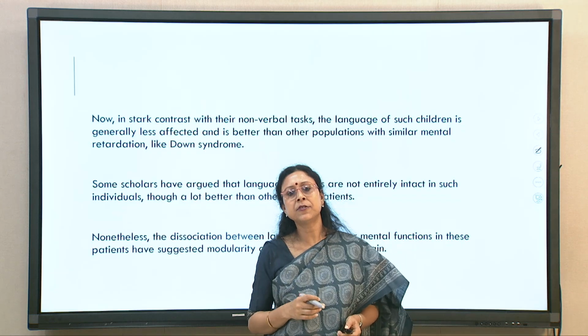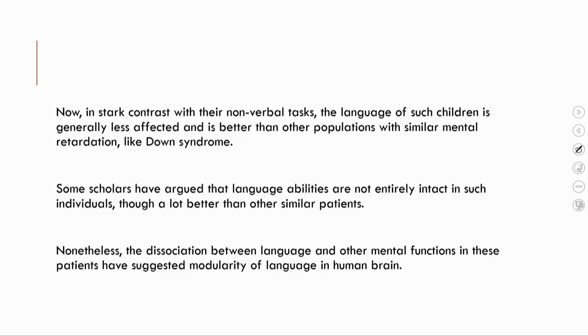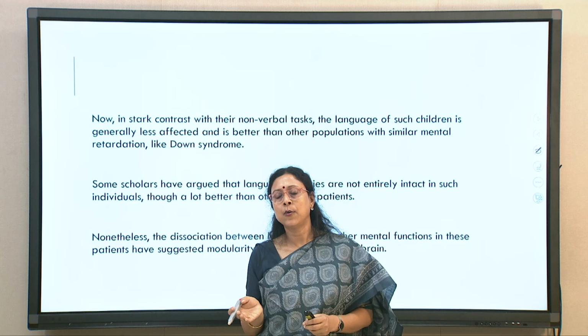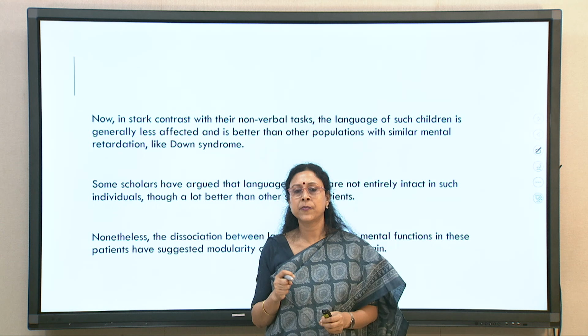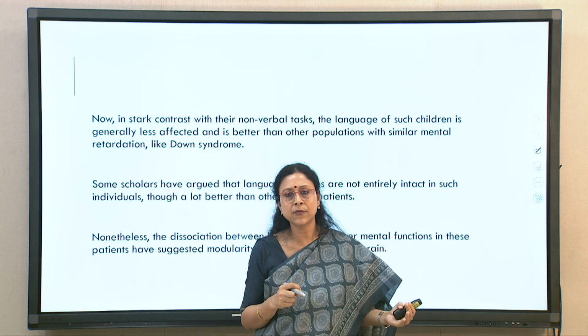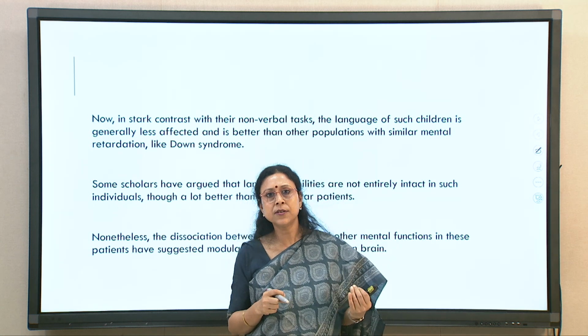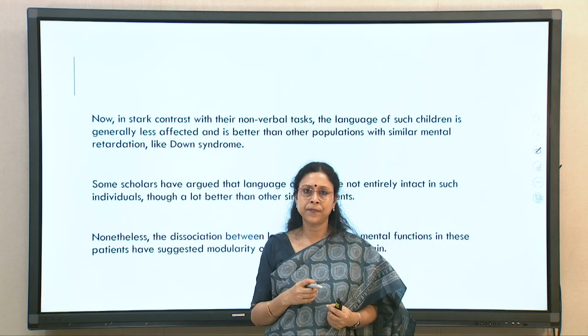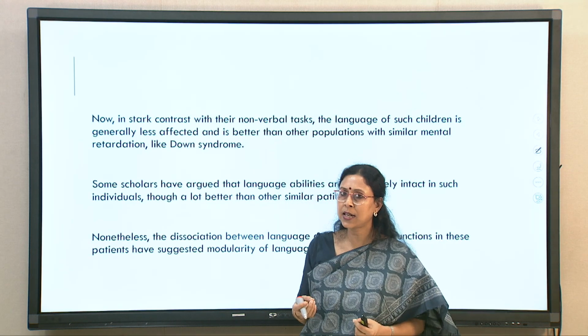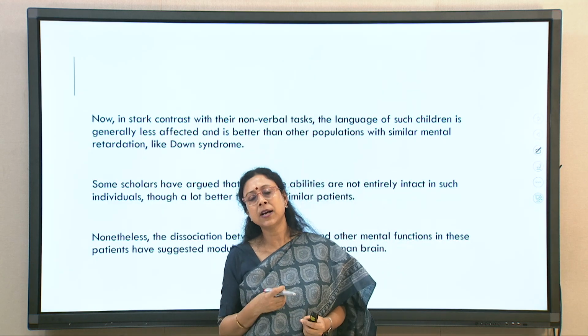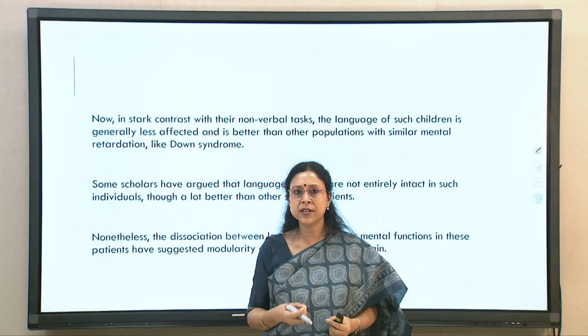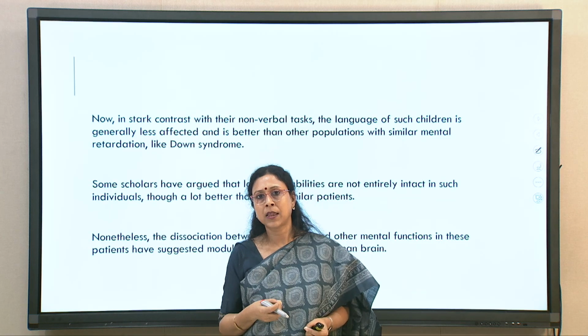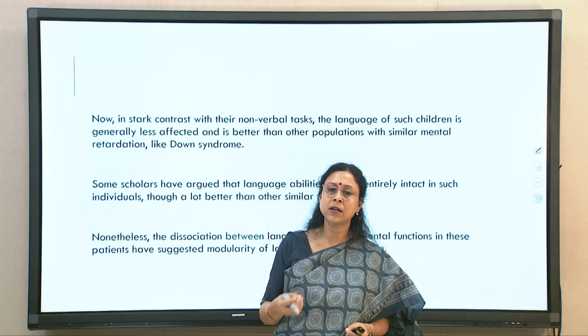Nonetheless, the dissociation between language and other mental functions in these patients has suggested modularity of language in the human brain. So, on the one hand we have SLI, which is specific language impairment, and on the other hand we have Williams syndrome. Williams syndrome is a very severe kind of cognitive disorder where even simple everyday activities get affected, visuospatial acuity is affected, and various kinds of tasks they will not be successful in doing.